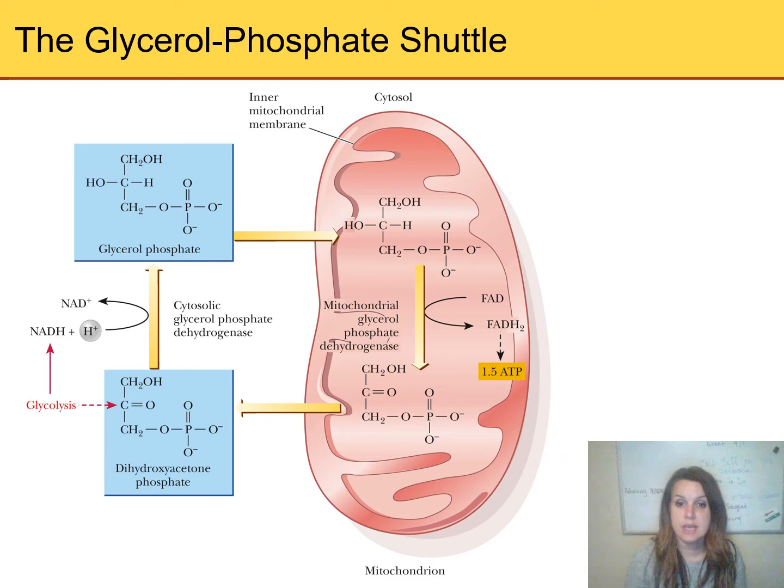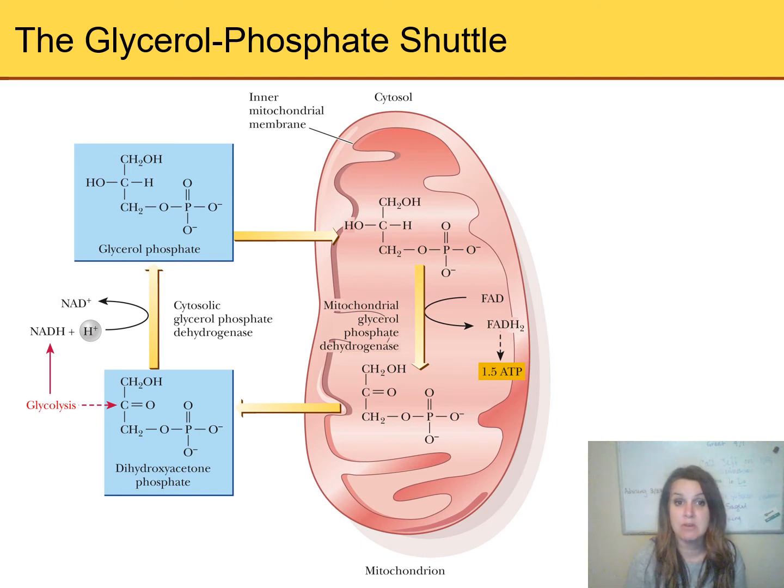Glycerol phosphate is then able to be transported into the mitochondria, and glycerol phosphate donates electrons to reduce FAD into FADH2. And we already know that FADH2 donates electrons to the electron transport chain, so we can make 1.5 ATP molecules for every molecule of glycerol phosphate that's donated.